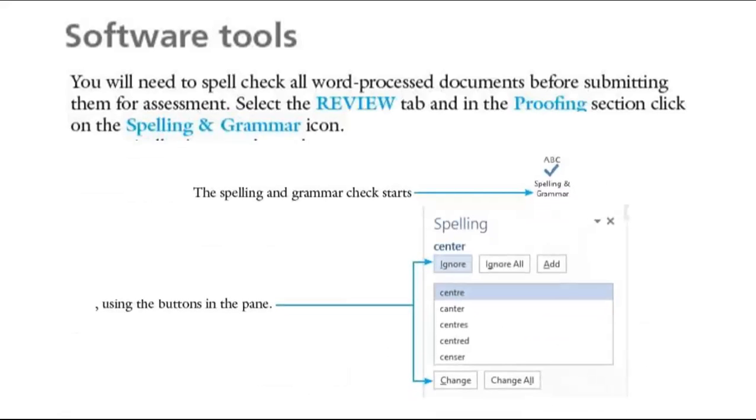This type of picture will assist you to identify the Review tab, the Proofing section and the Spelling and Grammar icon. This is a very common tool for spelling and grammar check.